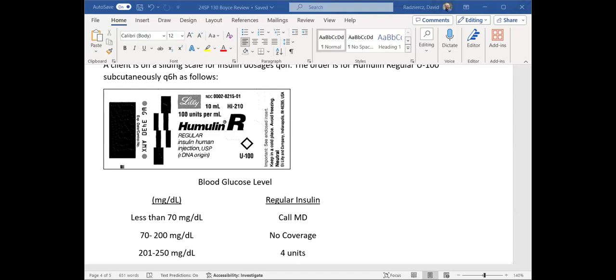So from what I understand, though, it's just a matter of if you have one insulin type, like you're adding NPH to regular insulin, then they're both going in the same syringe. Procedurally, you need to know that you draw regular first, then you draw the non-regular, whether that's Humulin N or NPH or whatever it happens to be, and then you want to make sure you're at your total number.